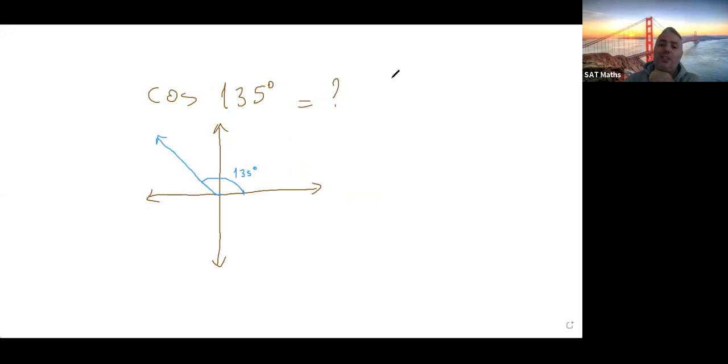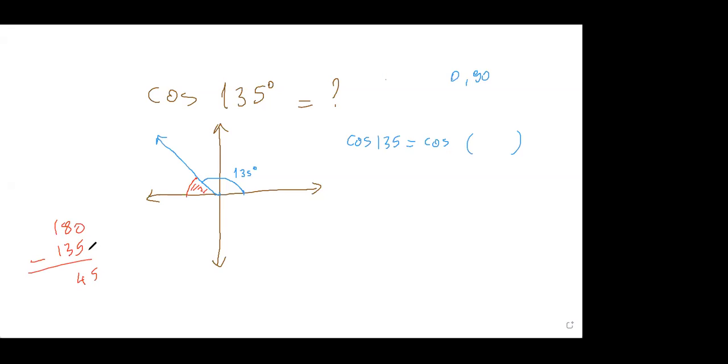So my question: cosine of 135 is equal to cosine of what between 0 and 90 degrees? How can I write this? The answer, just look at the figure. What is this angle? How can you calculate this angle? Is it 180 minus 135? Yes, so it is 45.